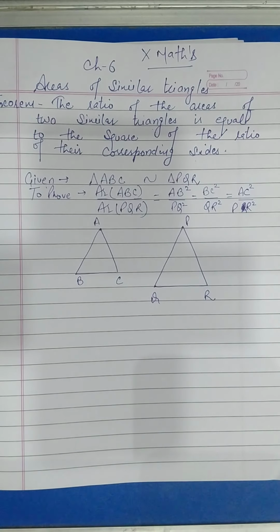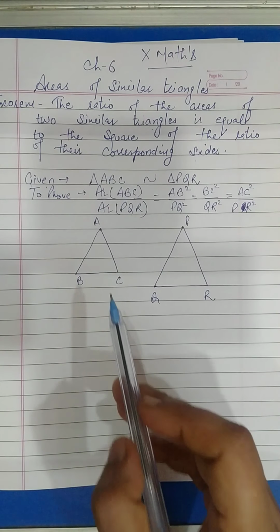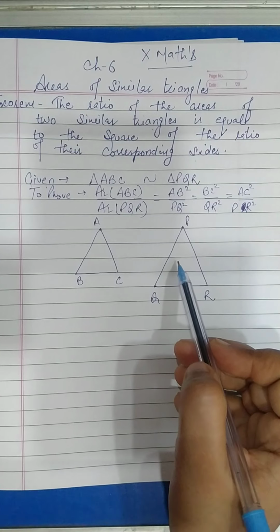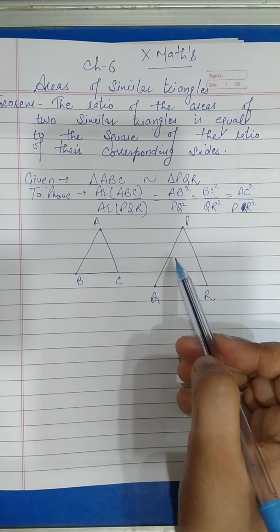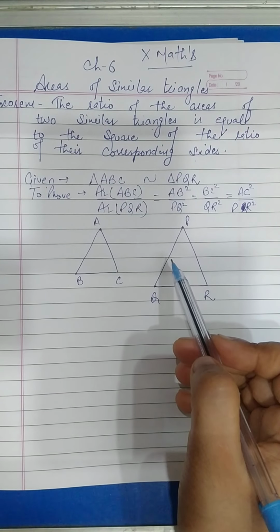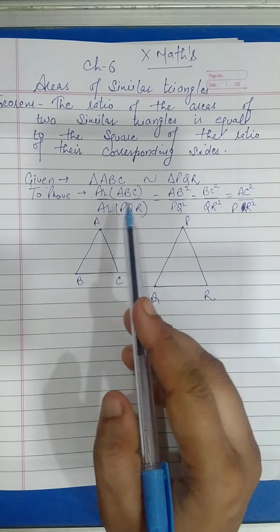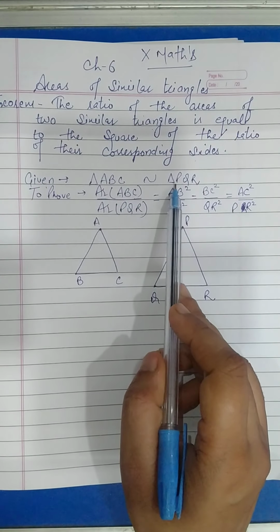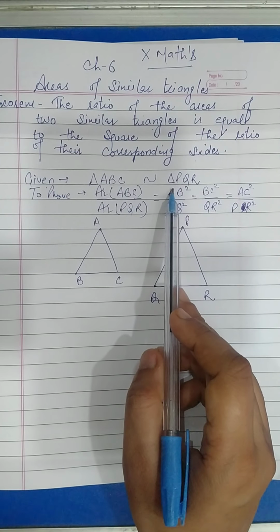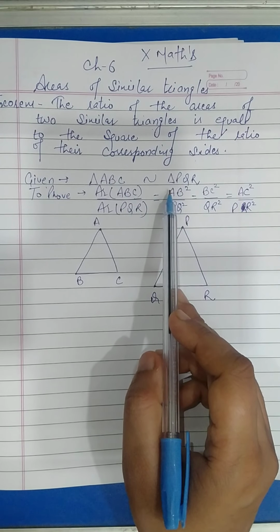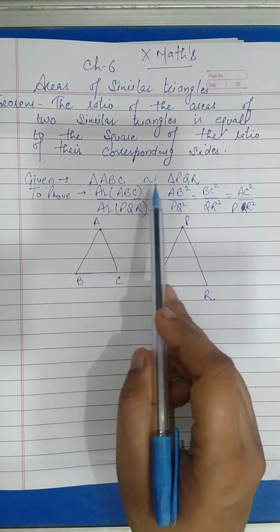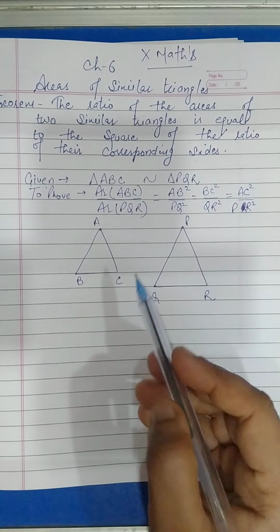These two triangles are similar. If these two triangles are similar, it means the corresponding sides are proportional and corresponding angles are equal. You have to keep it in mind.